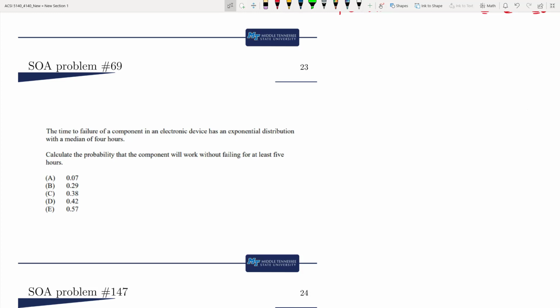So we have a random variable x, which is time to failure, and it is exponential with a median of 4 hours. For an exponential random variable, you need either lambda or beta, one of those parameters, in order to define the CDF or PDF.